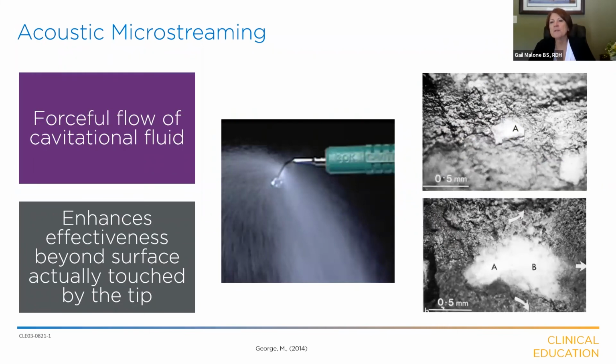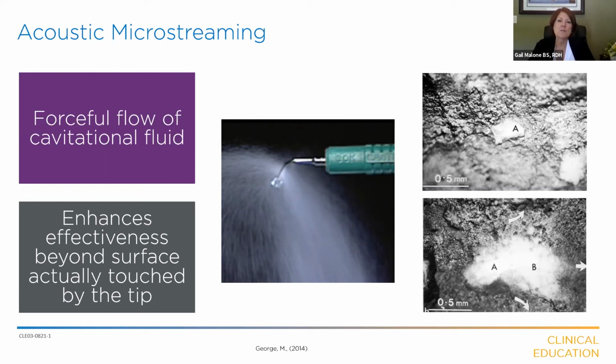Acoustic microstreaming is tied in with cavitation. It's the forceful flow of the cavitational fluids. It's the removal or the disruption of biofilm by these turbulent currents of water that surround the tip. And acoustic microstreaming actually enhances powered instrumentation effectiveness because it has the ability to clean beyond the surface that's actually being touched, or where the insert tip is adapted.